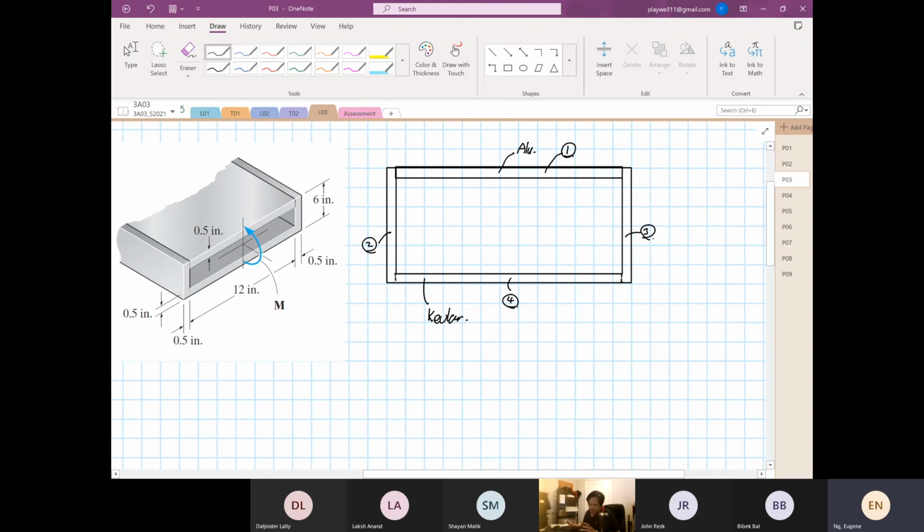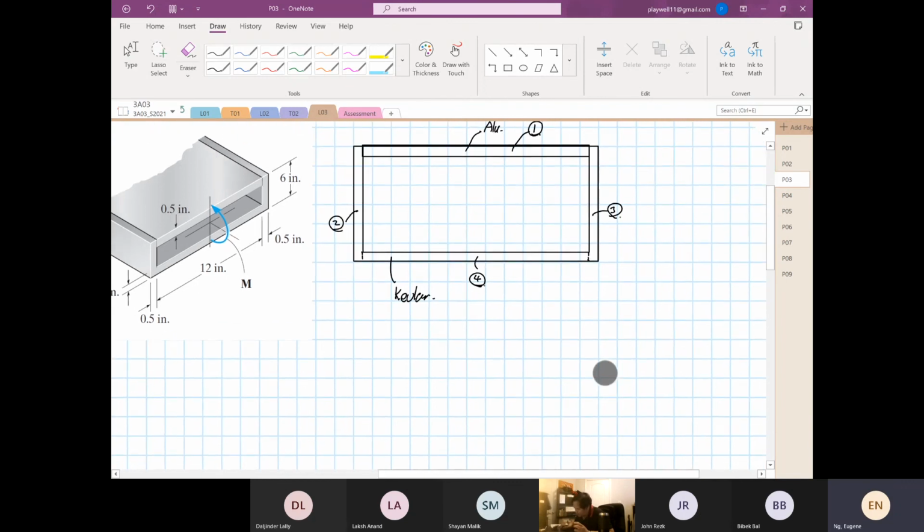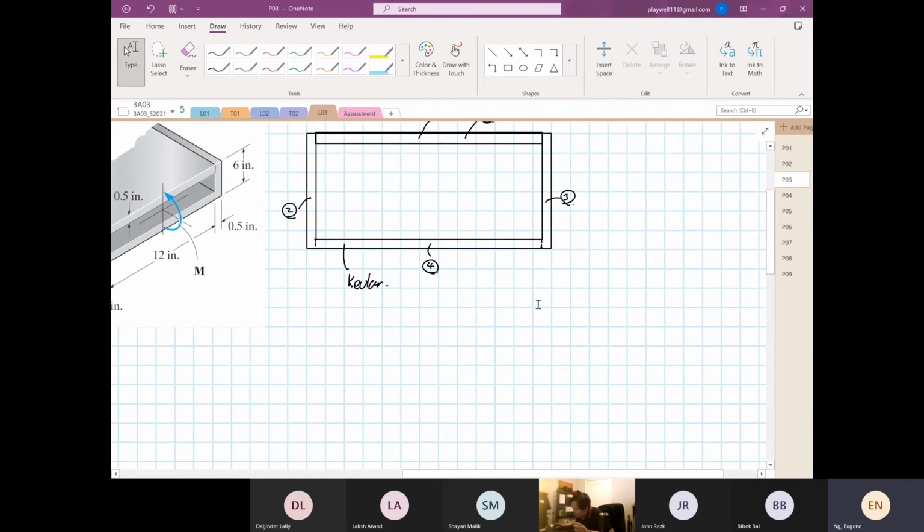So remember what I told you is that we make Kevlar as the reference material. So schematically, what have we done? What we have done is make aluminum as the reference material.